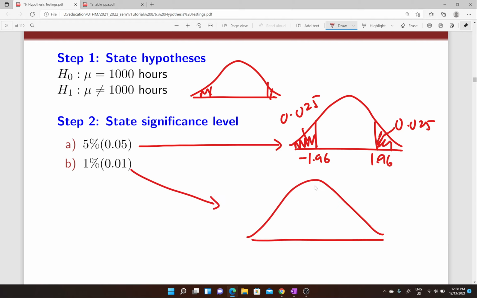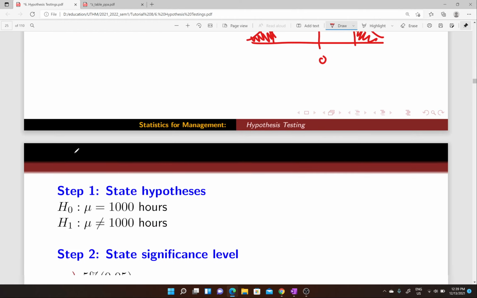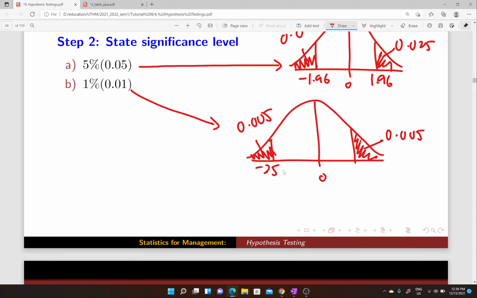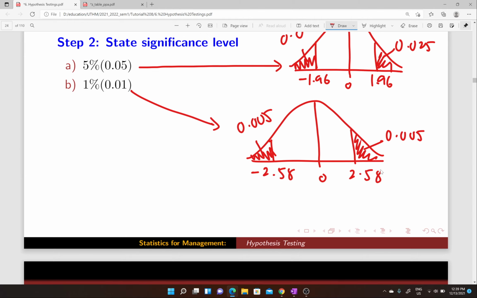For the 1 percent you also split it, into 0.005. And what is the critical value here? 2.58. You can check in the table.